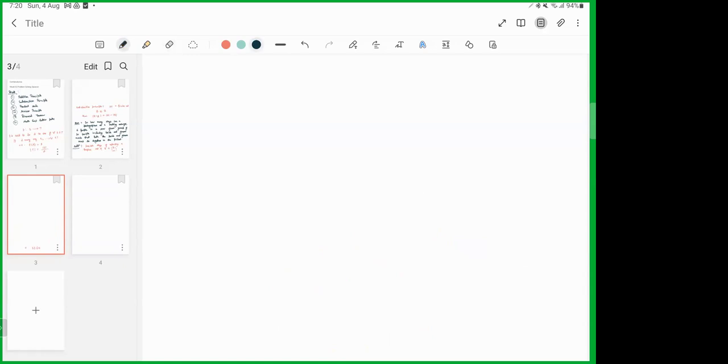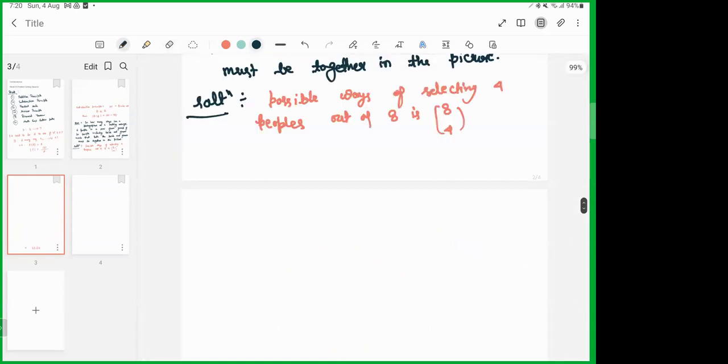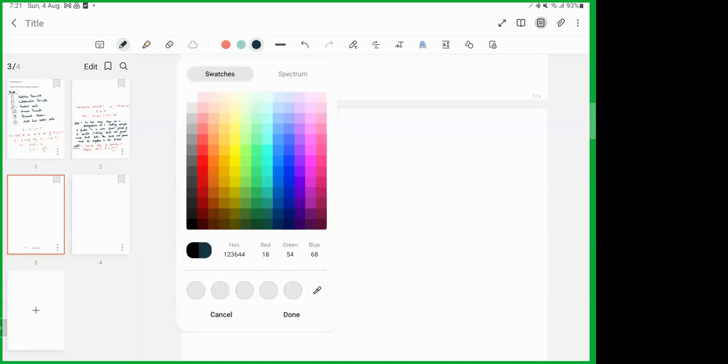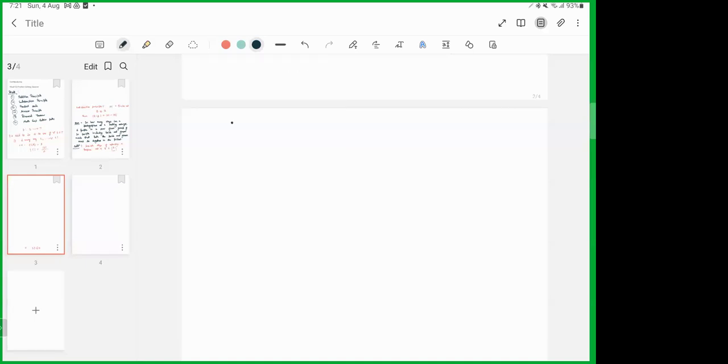So let me explain. You need to select bride and groom already, so you have the remaining four choices. So you select 8 choose 4 people. These are fine. Now bride and groom should be together in the picture.